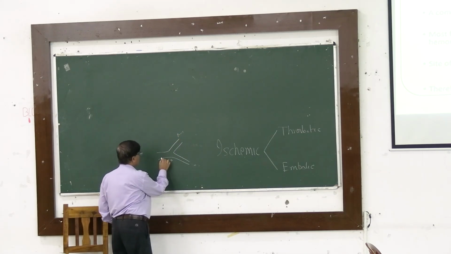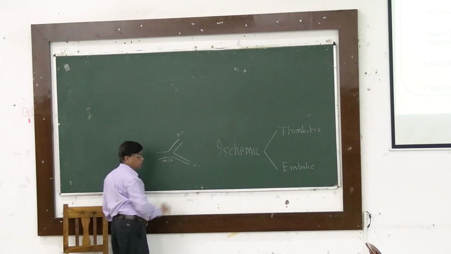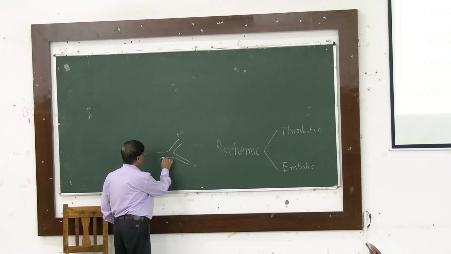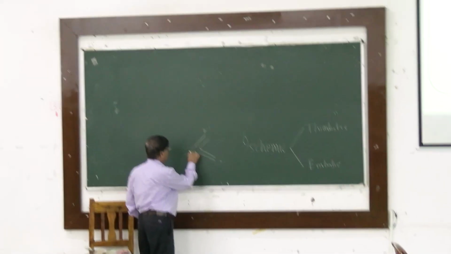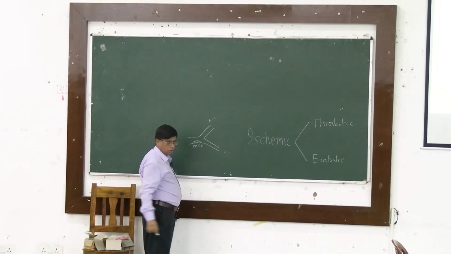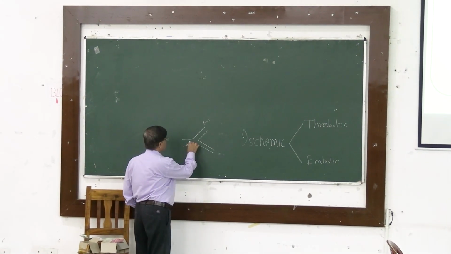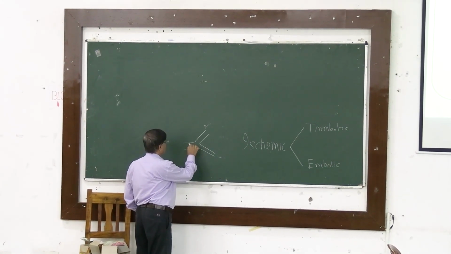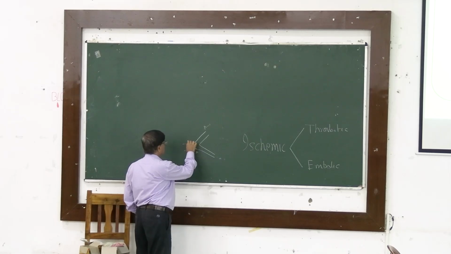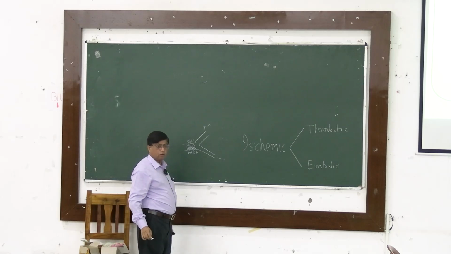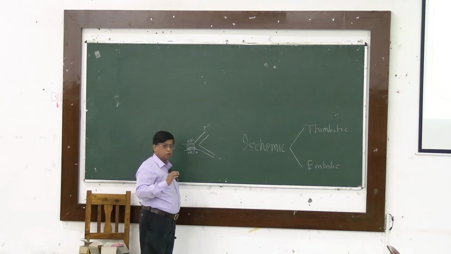So, if there is a breach in the endothelium, then there will be a propensity to form a clot. If this clot gradually increases and platelets come up and completely block the artery at the site where the thrombus is formed, this is called thrombosis.